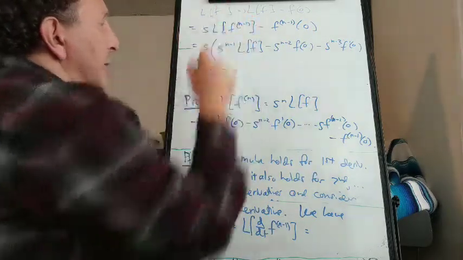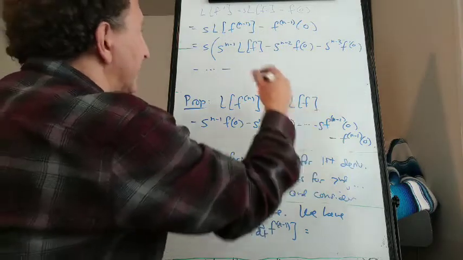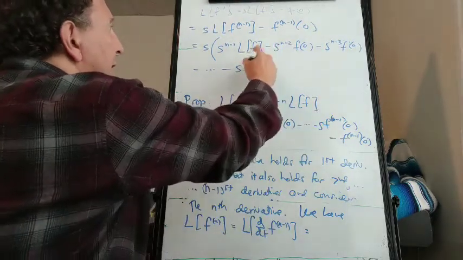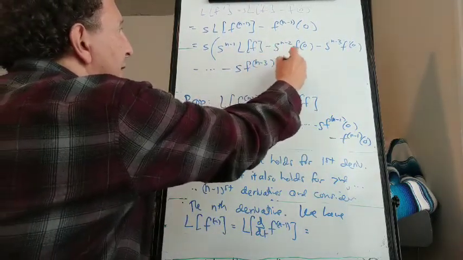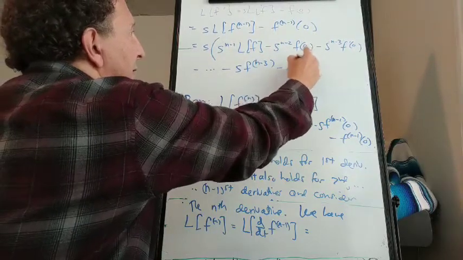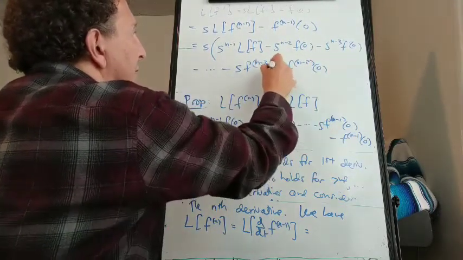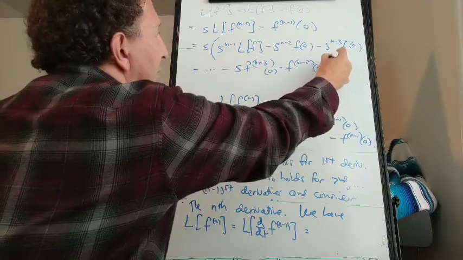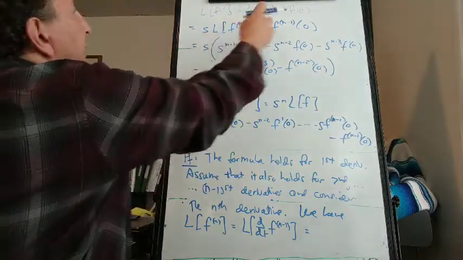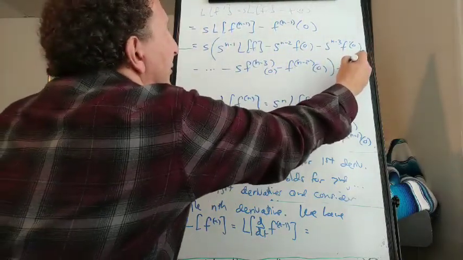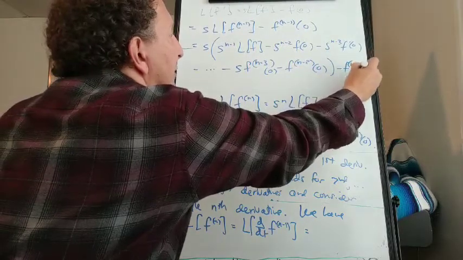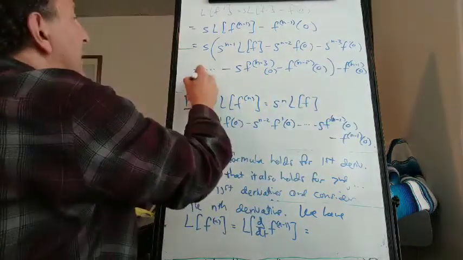So we'll be going down to the n minus second derivative. So that means the second to last term is the n minus third derivative, and then the last term is the n minus second derivative. So that's all this, minus f n minus first derivative evaluated at 0.